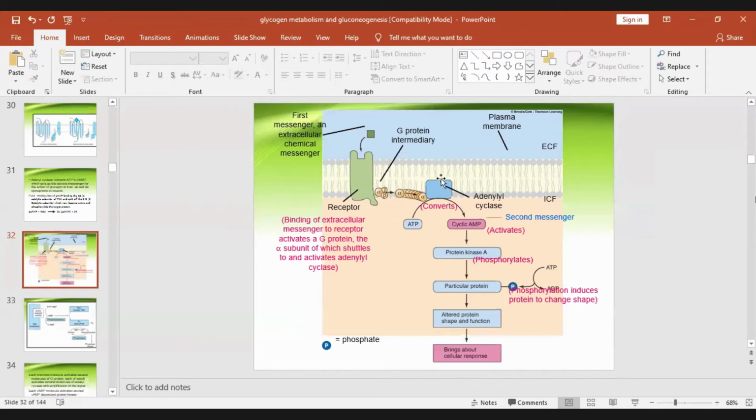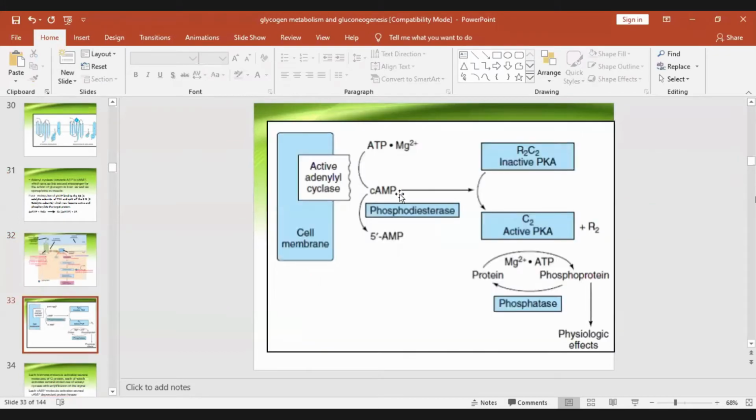This adenyl cyclase forms cyclic AMP from ATP, and this cyclic AMP activates inactive protein kinase. It consists of R2C2, two regulatory and two catalytic subunits. When the cyclic AMP binds, these regulatory subunits are released.